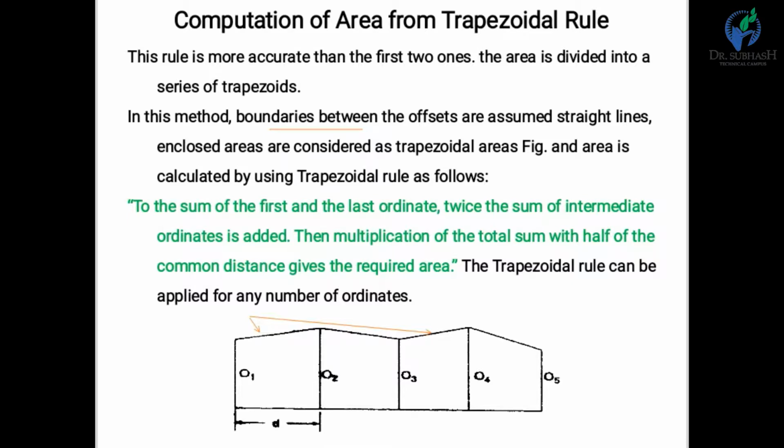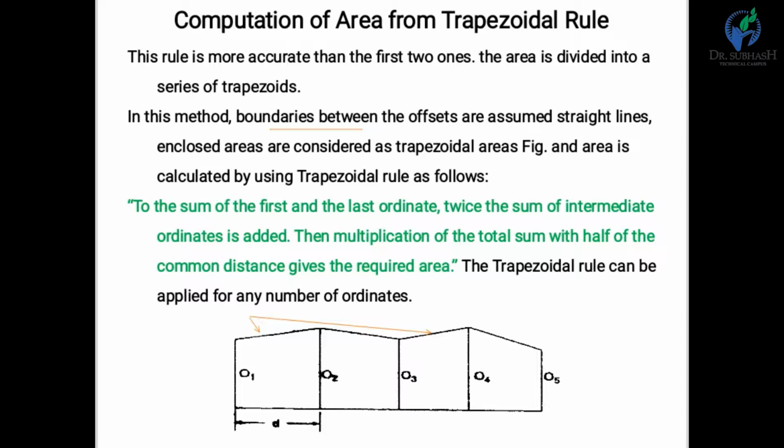In this method, boundaries between the offsets are assumed to be straight lines, and enclosed areas are considered as trapezoidal areas. To the sum of the first and the last ordinate, twice the sum of the intermediate ordinates is added, then multiplication of the total sum with half of the common distance gives the required area.